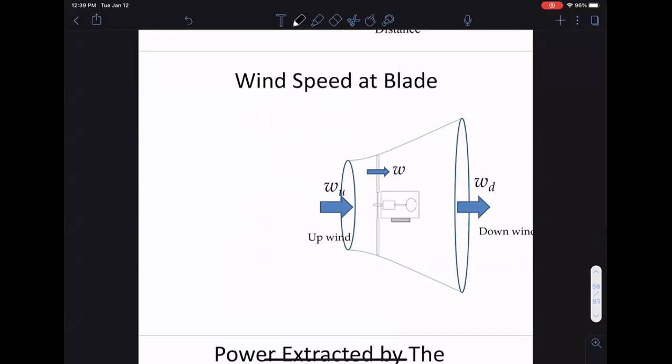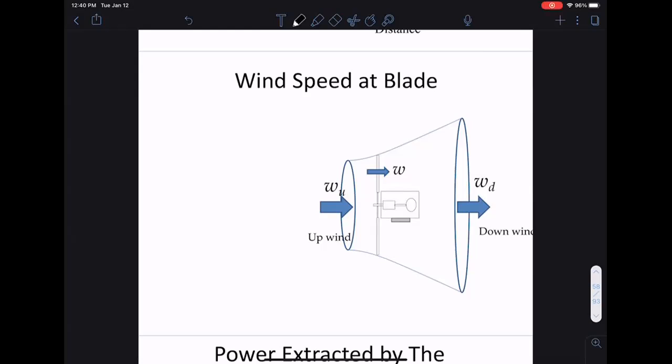So this is an assumption we have to make. What do you think a good assumption is? We are not going to compute the speed in this class. What is a good assumption to make to do some ballpark calculations?